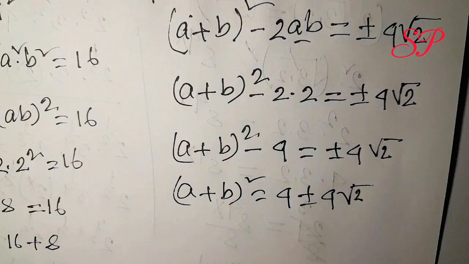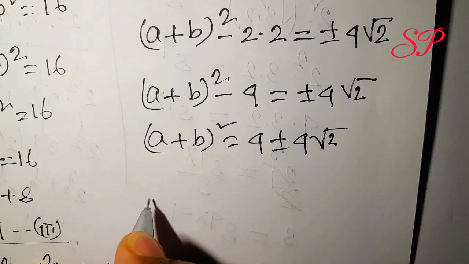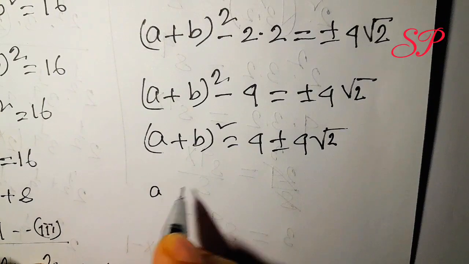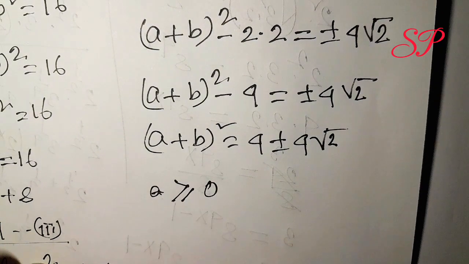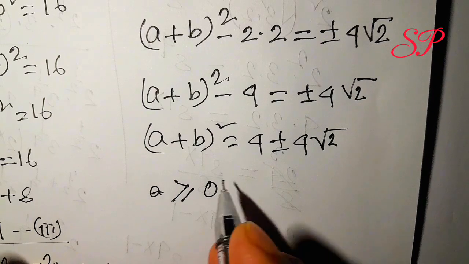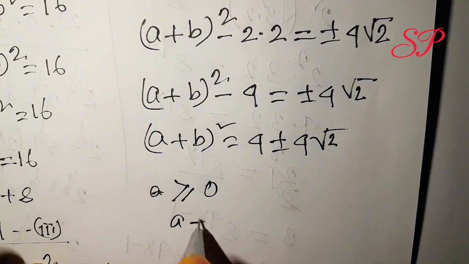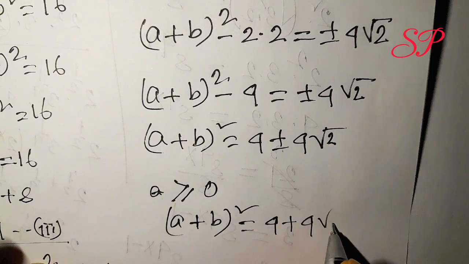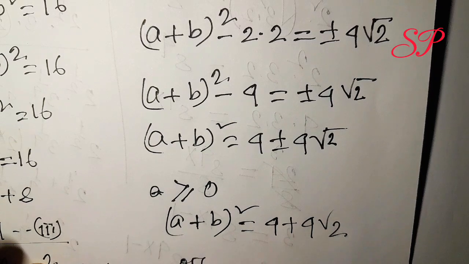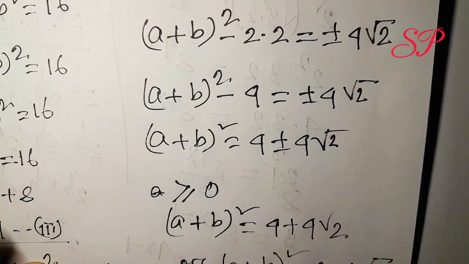Here a plus b all square is greater than or equal to 0. From this we can write a plus b all square is equal to 4 plus 4 root 2, or a plus b all square is equal to 4 minus 4 root 2.